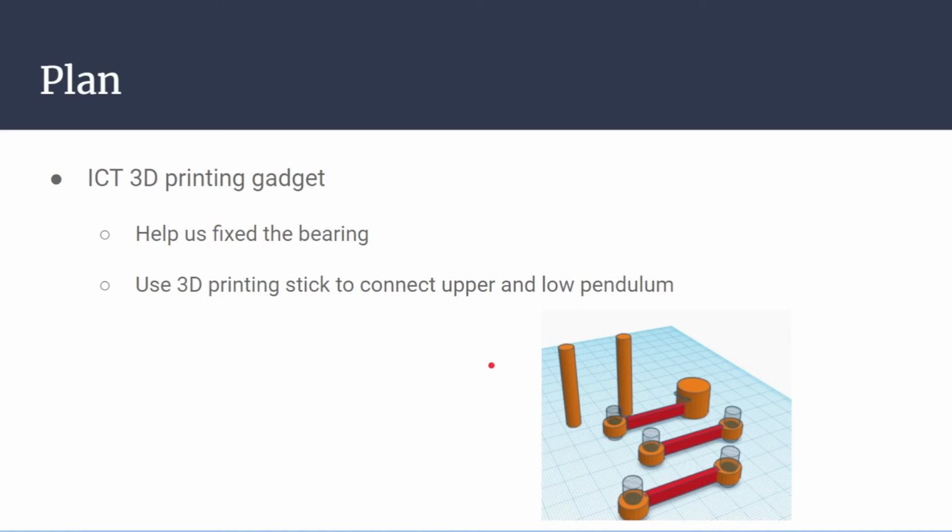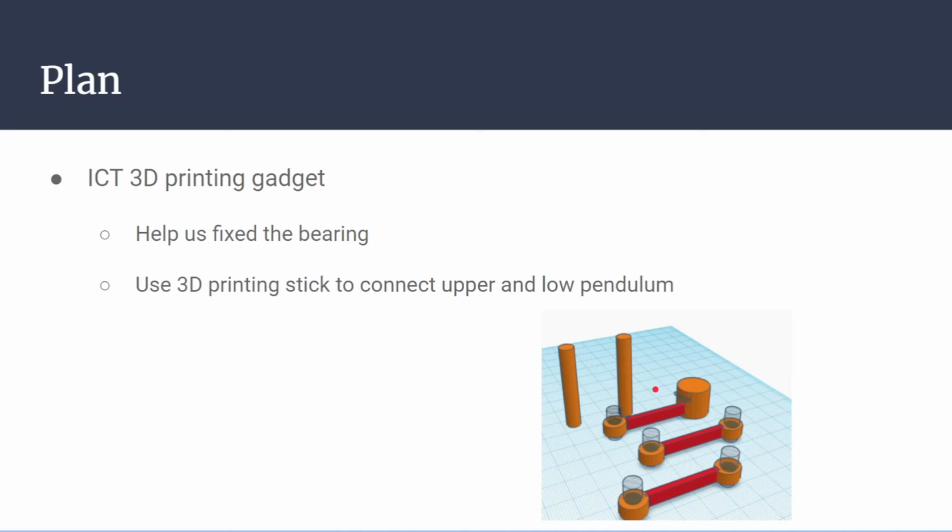Let's see what 3D printing gadgets we will print and use. So there are 2 rods with 2 holes, and there are 2 holes that have space preserved for bearings, and there is 1 rod with 1 hole and a cylinder which has preserved space so that we can adjust balance.